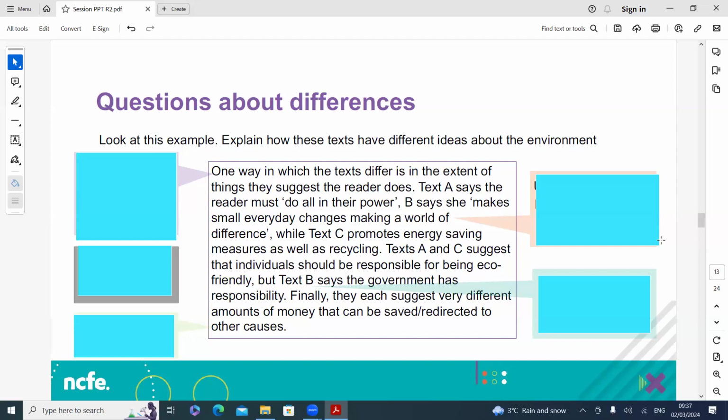Text A and C suggest that individuals should be responsible for being eco-friendly. But text B says that the government has responsibility. Finally, they each suggest very different amounts of money that can be saved or redirected to other causes. So is there anything at all you notice in that answer? What have they used to answer that question?